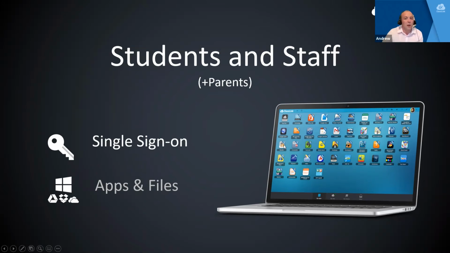In addition to single sign-on for your applications, ClassLink also has a tool called My Files. My Files provides a consolidated view of all your file storage locations, whether your files are on the school network or in the cloud, such as iCloud, Dropbox, OneDrive, Google, etc. So with just one click from within the ClassLink Launchpad, a student or a user or a lecturer, for example, can access all of their files without having to search numerous places.